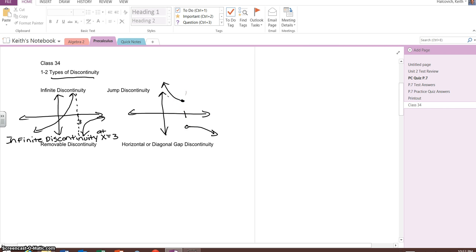So basically, if you look from left to right, the graph goes from 3 to the left and then jumps down here and then goes from 3 to the right in this spot. This is what's called a jump discontinuity.